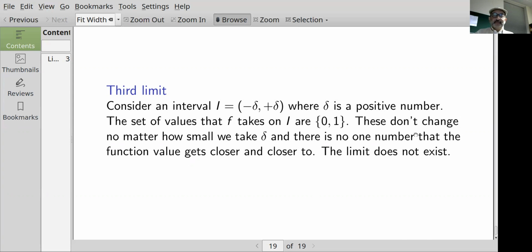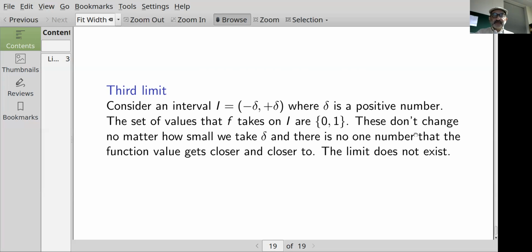Now you take the function value of some number which is negative. You get f of that x is 0. Then you take the function value of some point where the number is positive, very close to 0, but still positive, and you'll get the value 1.